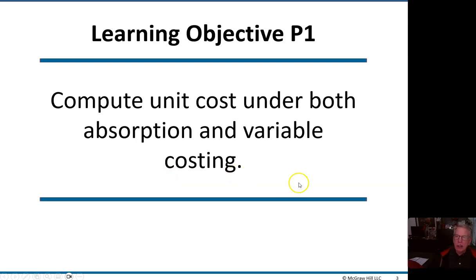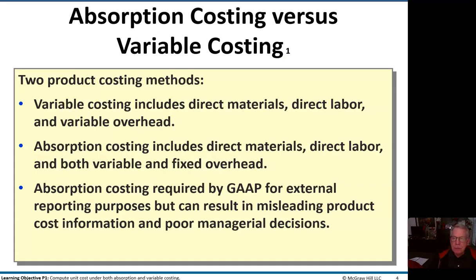All right, let's look at computing unit cost under both absorption and variable costing. Here we have two product costing methods. One, variable costing, includes direct material, direct labor, and variable overhead, where absorption costing includes the direct material, direct labor, and variable overhead, but also includes fixed overhead.